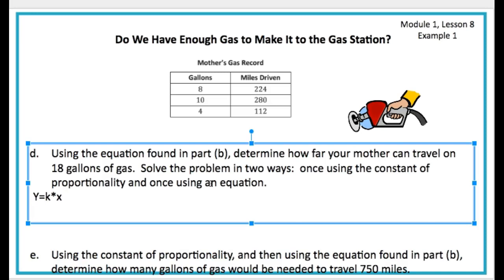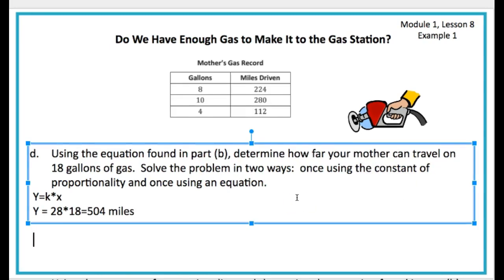We could substitute for k and for x. y equals 28 times 18, which gives us 504 miles.